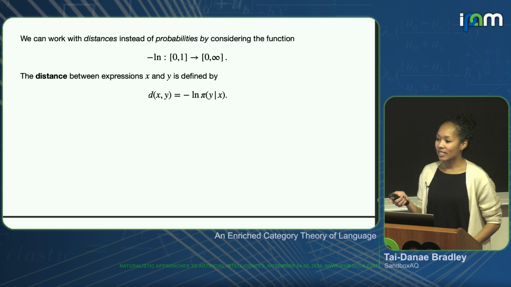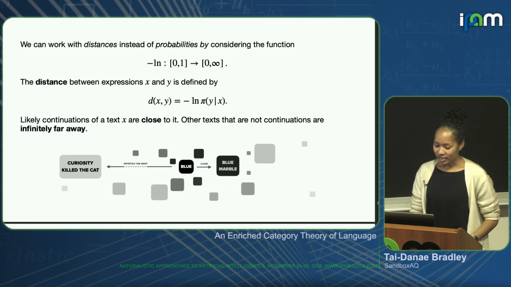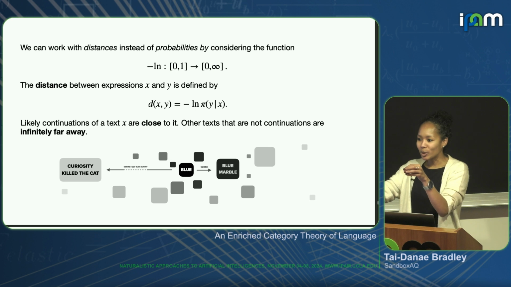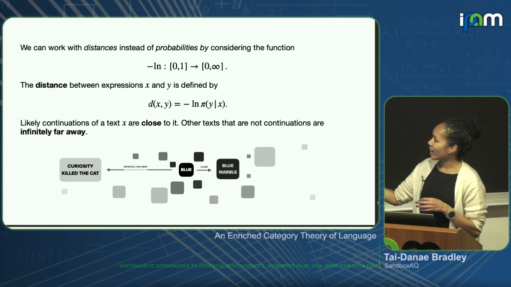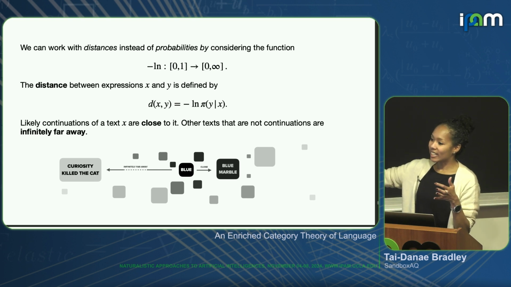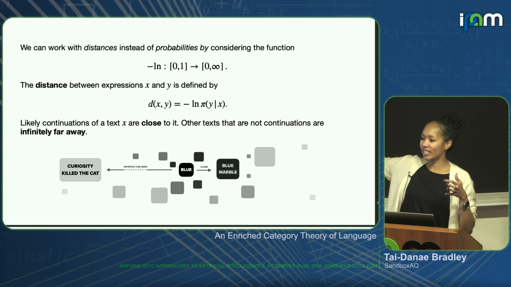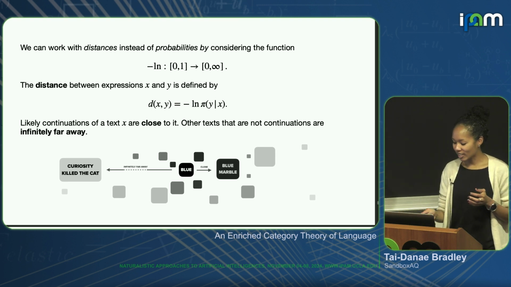It's a distance because, intuitively, what you get here is that likely continuations of blue are close to blue. And we can define the distance from x to y to be infinity if y is not a continuation of x. So something like curiosity killed the cat is infinitely far away. The distance is infinity. So this is a nice interpretation.